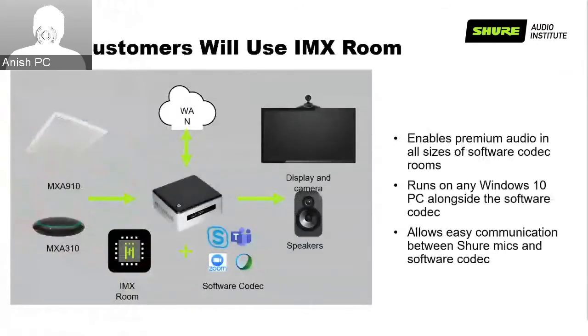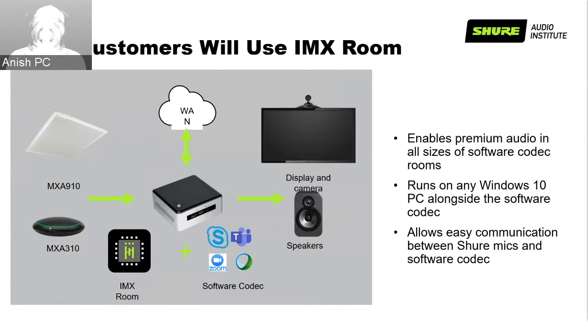How will customers be using the IMX Room? IntelliMix Room provides a consistent and premium audio experience to the software codec for all room sizes. All that the customer is required to do is add an in-room PC with a third-party conferencing codec installed on the PC, and we are good to go.